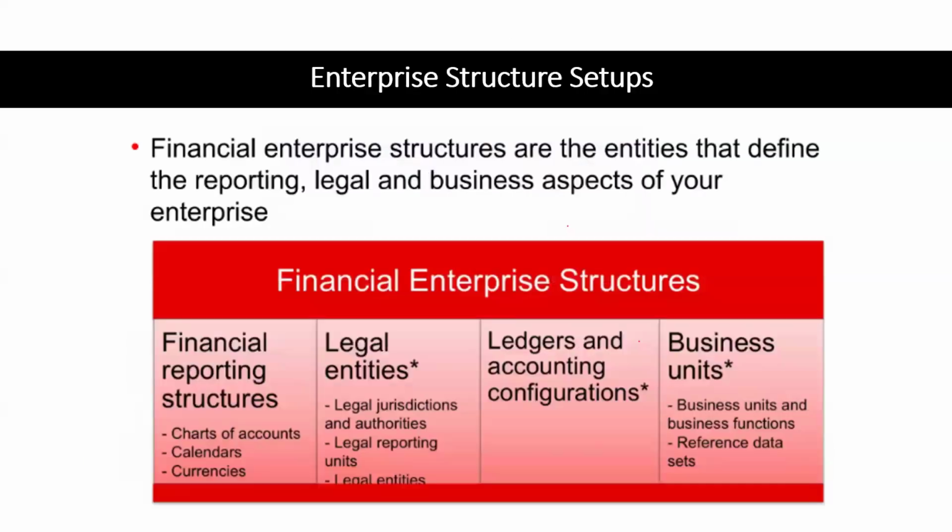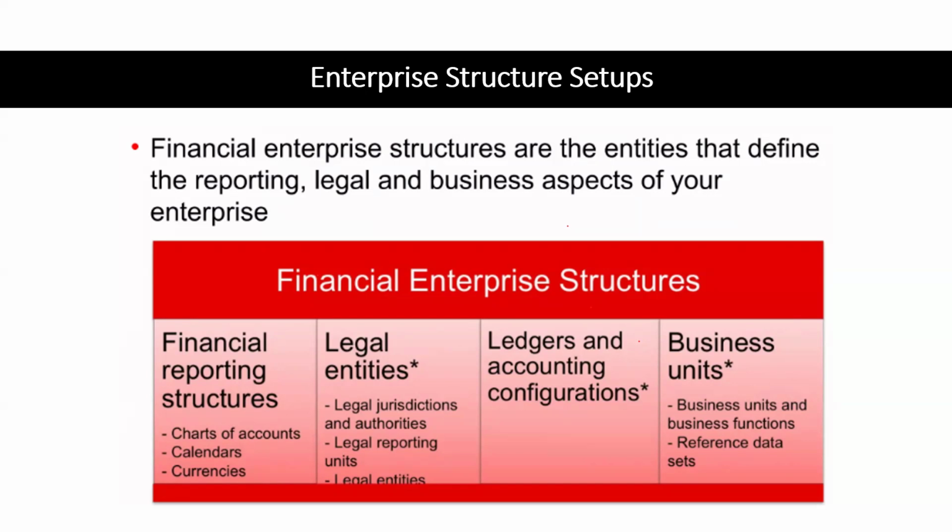Now we'll see, to configure the enterprise structure, what are the important components we should consider. To set up the enterprise structure, we have to configure the financial reporting structure, legal entity, business units, and ledgers, nothing but primary ledgers.